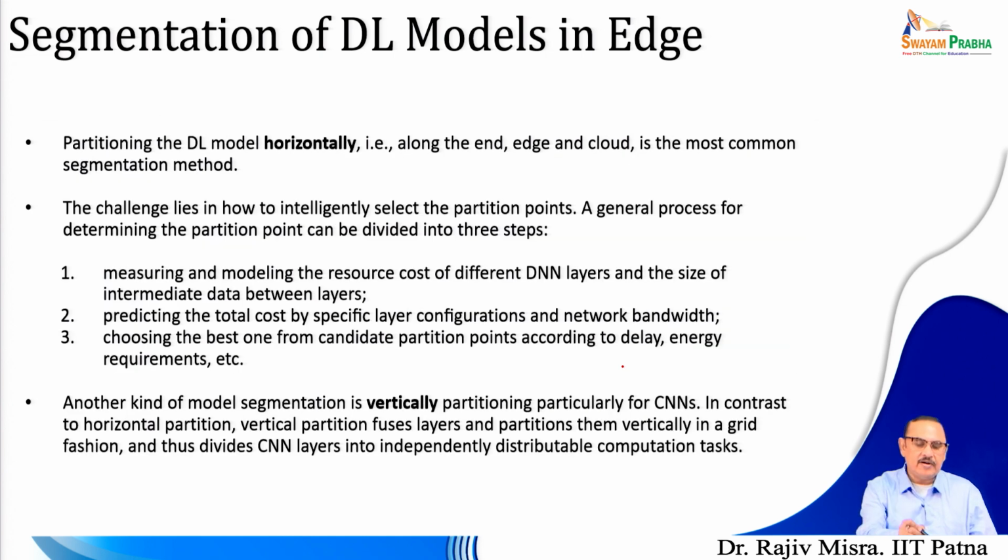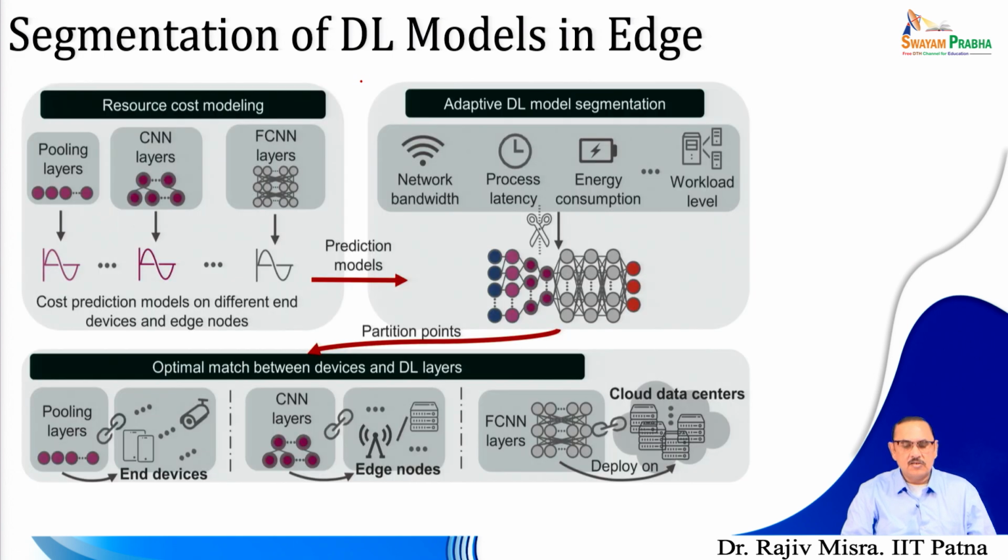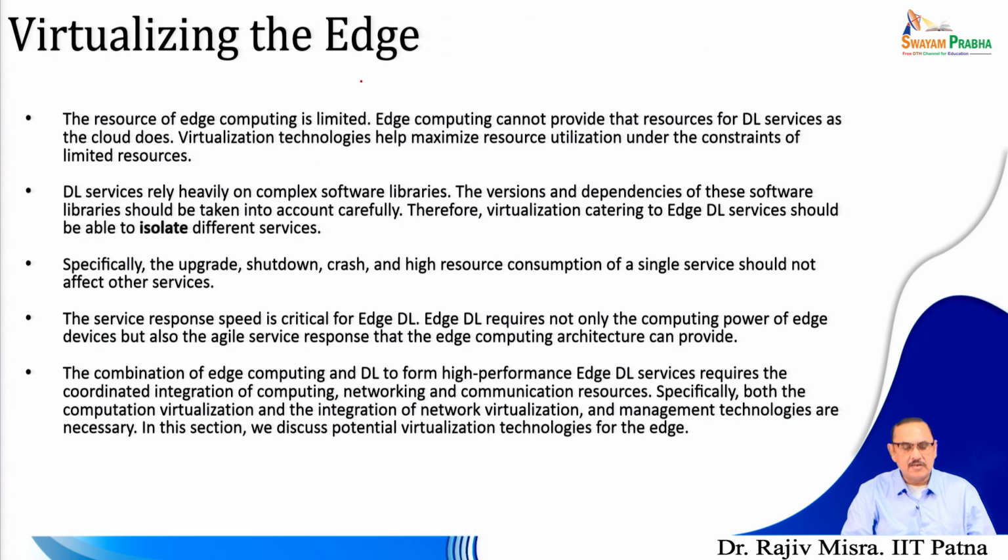Segmentation of a deep learning model horizontally along the end, edge and cloud is the most common segmentation method. Segmentation methods in the edge are shown here in a very brief manner. Now, how the virtualization can be done.